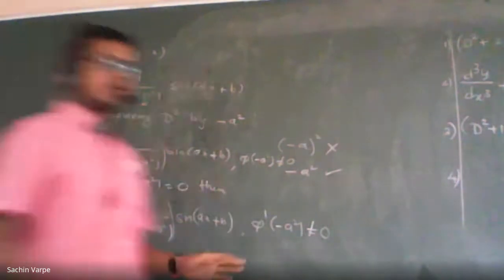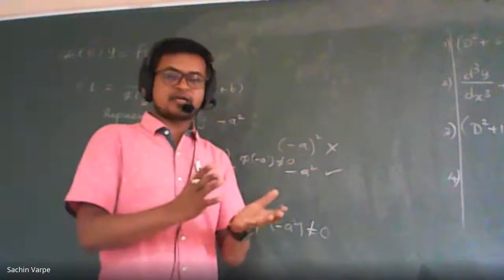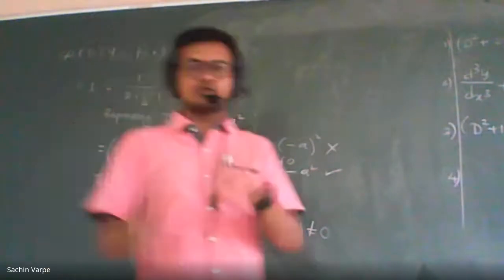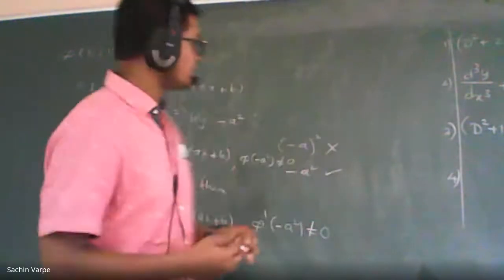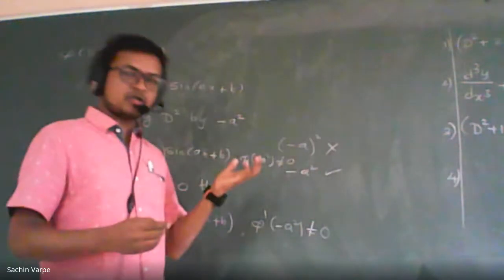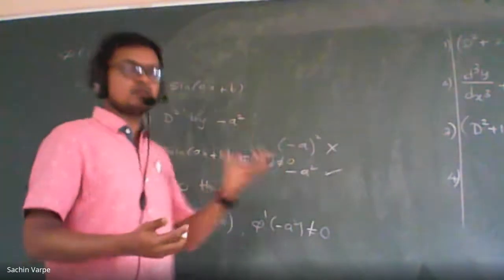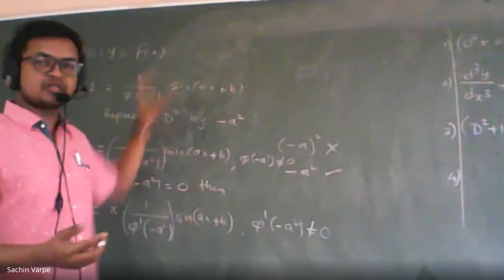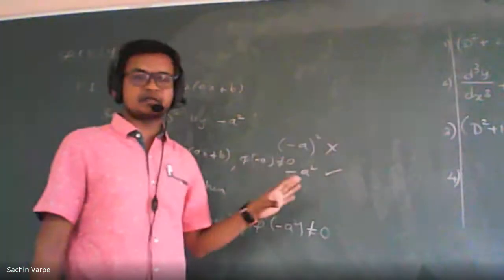But we have the option to convert those products of trigonometric functions into the linear forms that we have discussed. We have the formulas of sine a cos b, sine a sin b, cos a cos b. With the help of these, we can convert those products into linear terms. So always remember, the second case is only applicable for linear sine and linear cos.